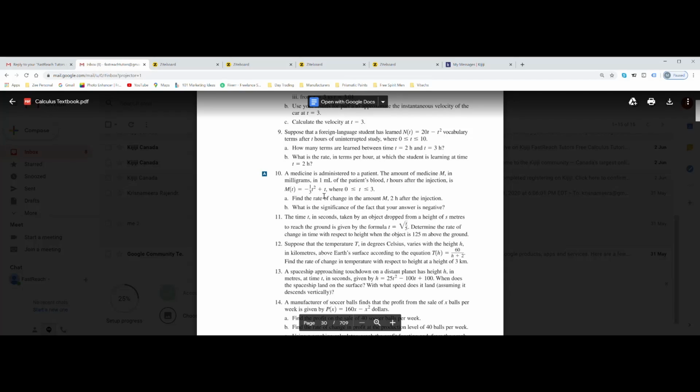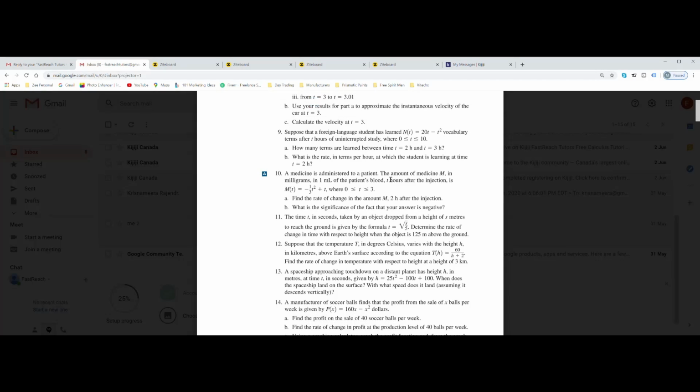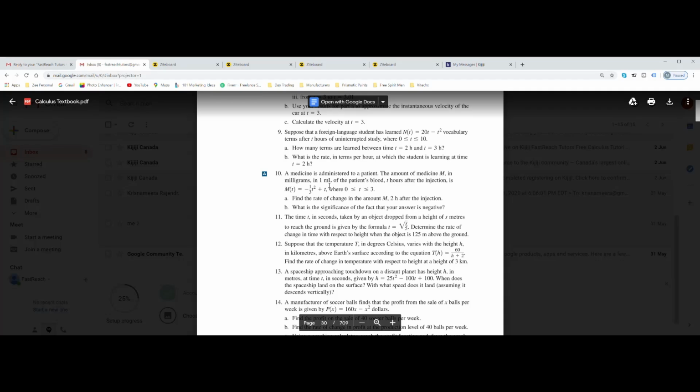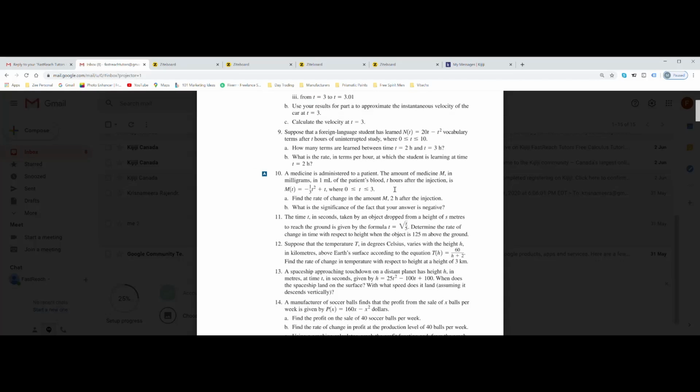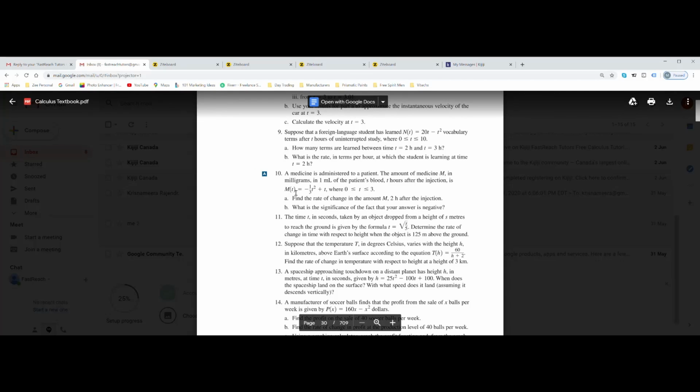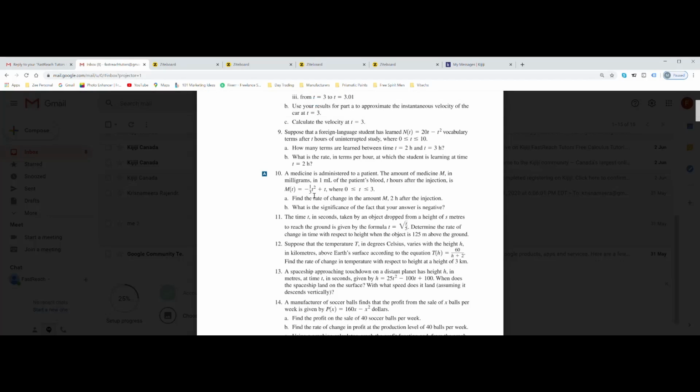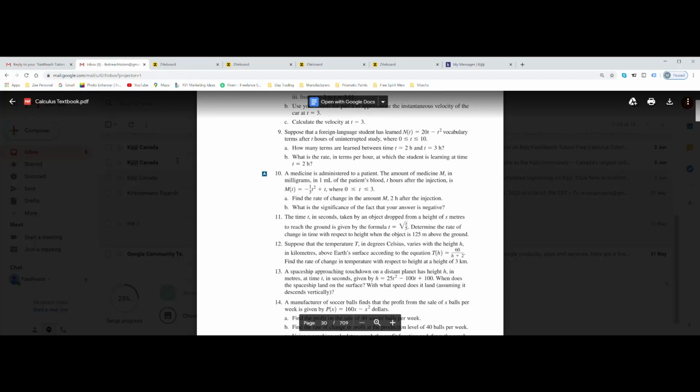Now it's question 10. A medicine is administered to the patient. The amount of medicine in milligrams in 1 milliliter of the patient's blood t hours after injection is m(t) equals negative 1 over 3 t squared plus t.